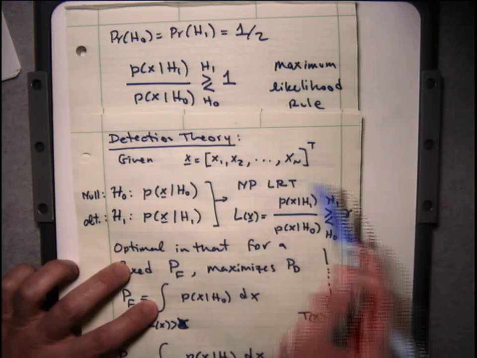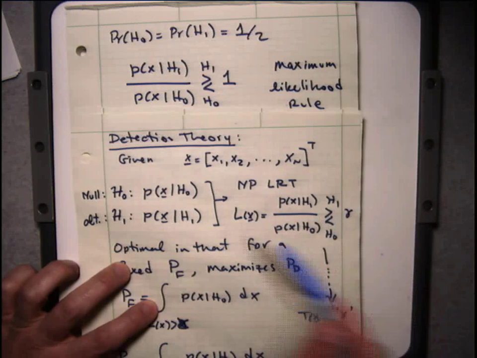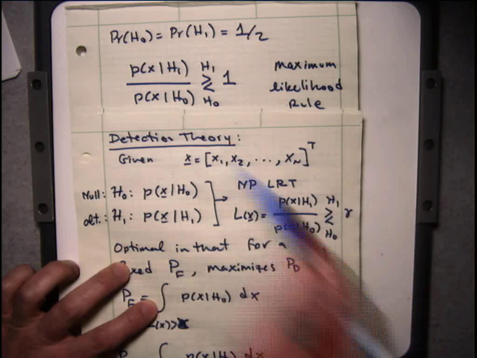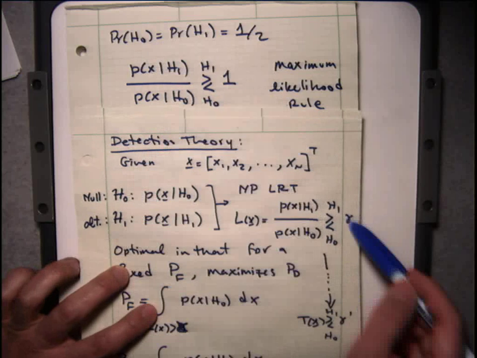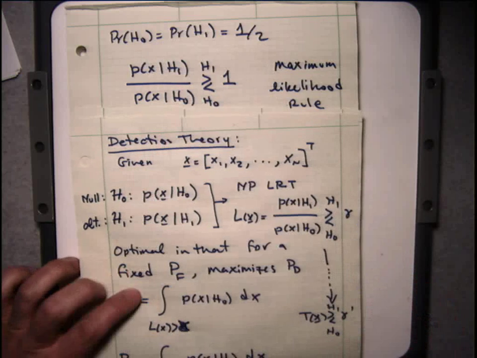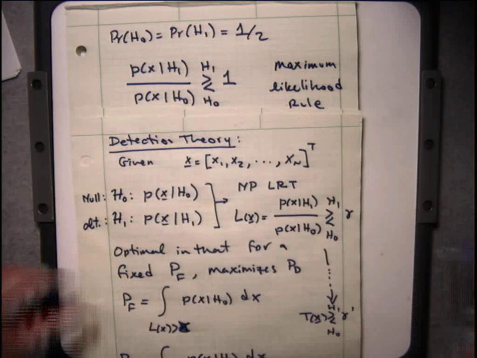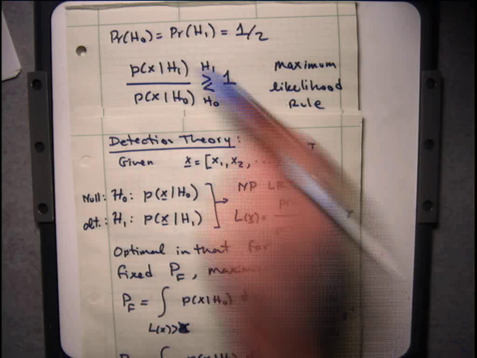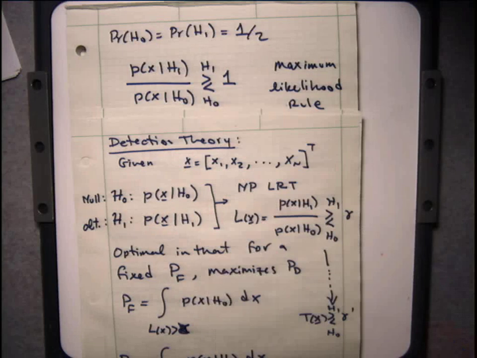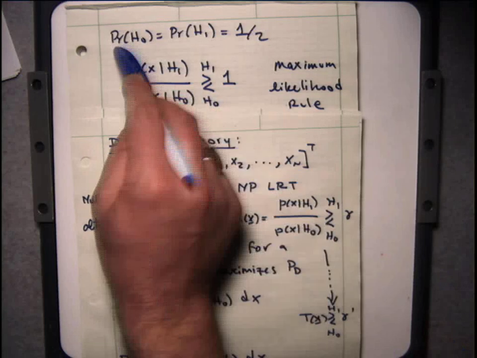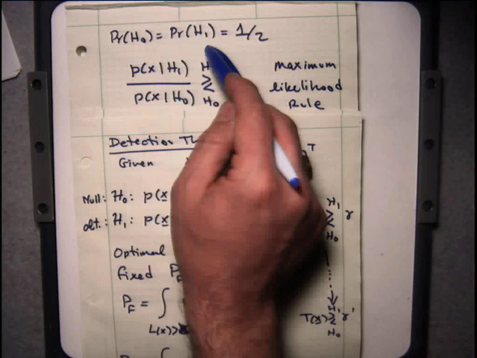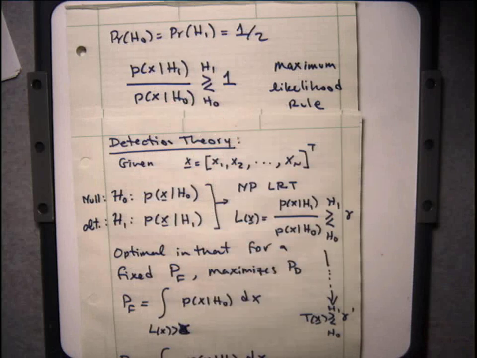Obviously, this rule here, which is the Neyman-Pearson likelihood ratio test, looks exactly like that, except that gamma is equal to 1. So this is a more specific case of that. But I want you to be clear about what the interpretation of this one is. Here, we're saying that the probability of H0 and probability of H1 are known to be the same. We know that they are equal.